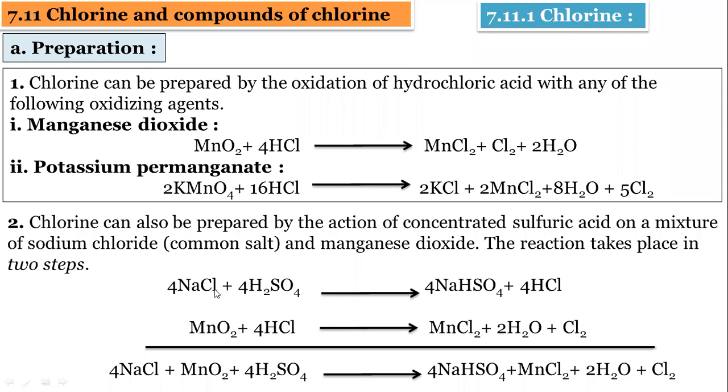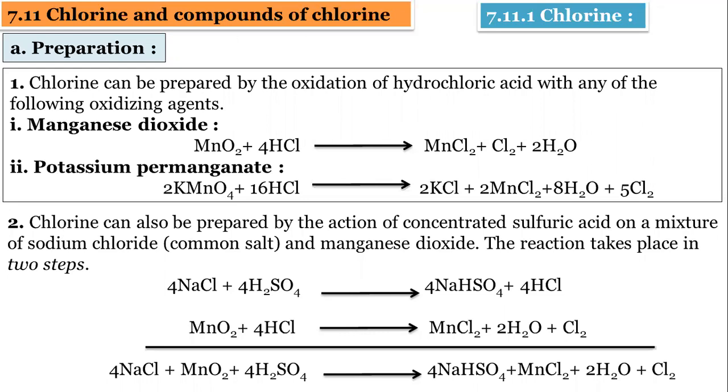By adding these two reactions we get 4NaCl, MnO2, and 4H2SO4, which give the products sodium hydrogen sulfate, 4NaHSO4, plus MnCl2, 2H2O and Cl2. The 4HCl molecules are removed. So this is the third method of preparation of chlorine, using NaCl and MnO2.